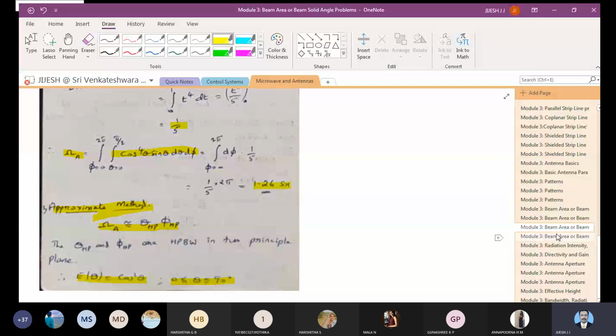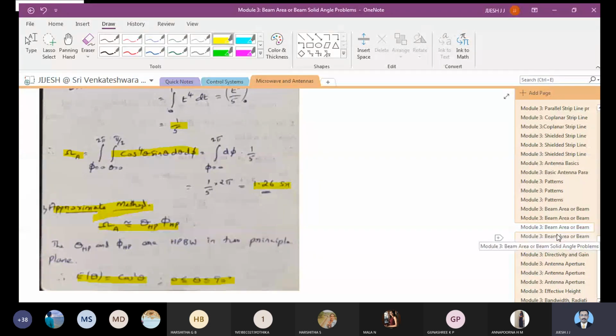Sine cube integration, cos square integration, cos theta sin theta integration, all these combinations, whatever is possible. These are all going to be problems based on sine and cos or maximum tan. So we will see the integration of all those things. Just go through all of them once for your better understanding.